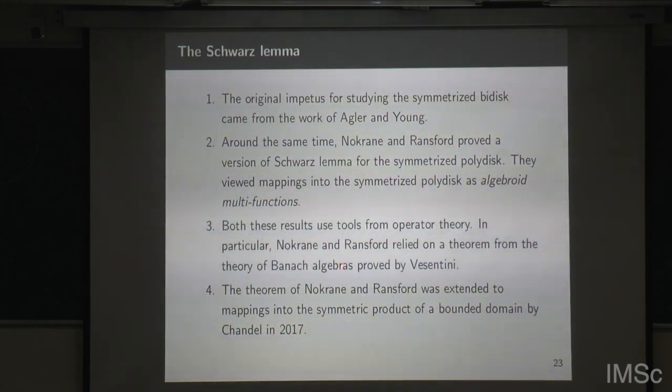Both the results of Nokrane and Ransford as well as that of Agler and Young use a fair bit of operator theory. In particular, Nokrane and Ransford used a theorem from Banach algebras proved by Santini. The result of Nokrane and Ransford was extended to the symmetric product of a bounded domain by Vikramjit Chandel in 2017. His techniques are very similar to the original techniques used by Nokrane and Ransford.